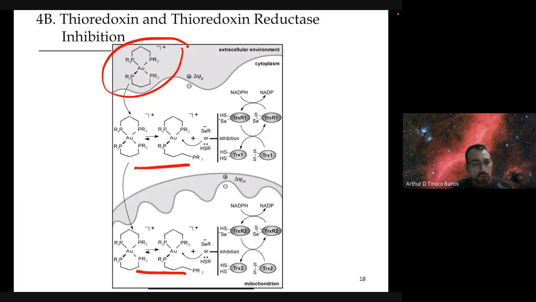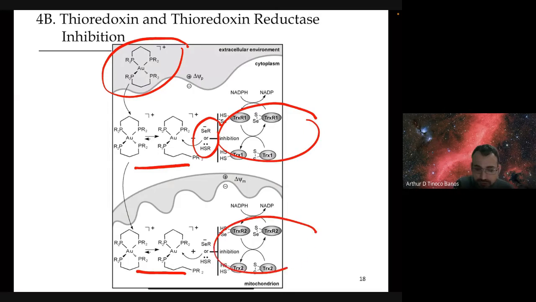And so again, we're seeing the dissociation of one of the arms of the chelators, allowing for the nucleophiles, so the active sites, selenocysteines, or even the thiol groups, to bind to the gold, and in that vein, being able to inhibit the mechanism of these proteins, whether it's in the mitochondrion or whether it's in the cytoplasm.